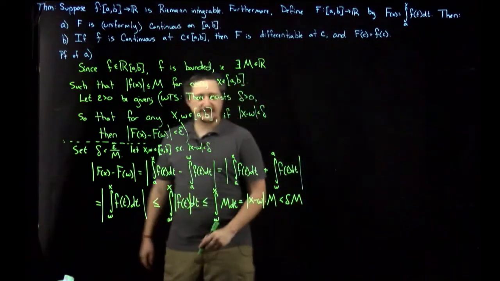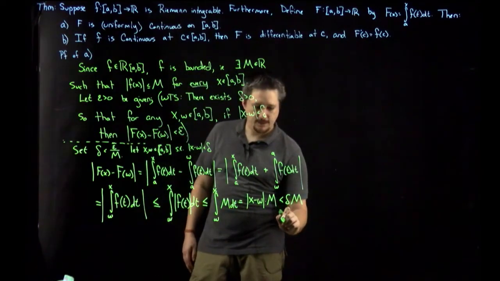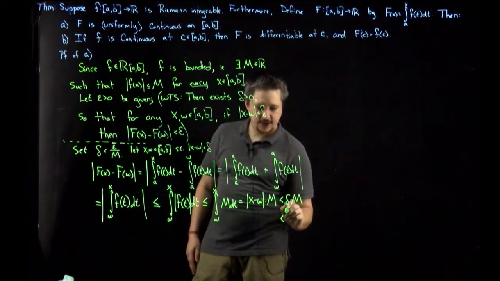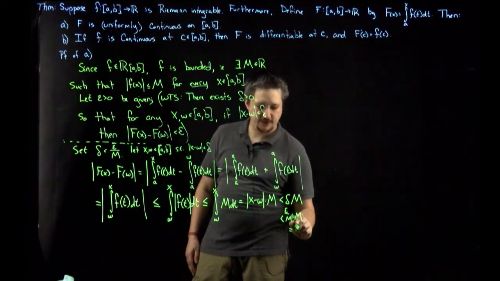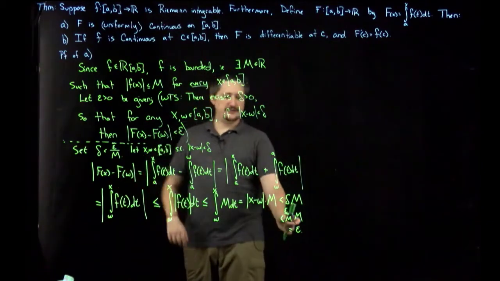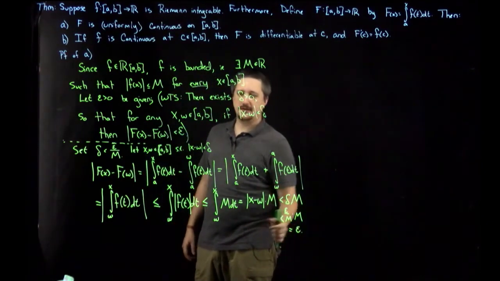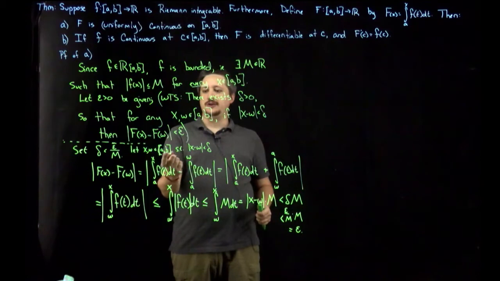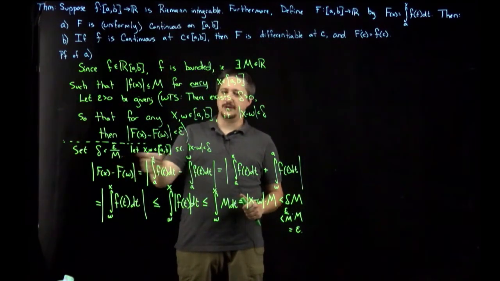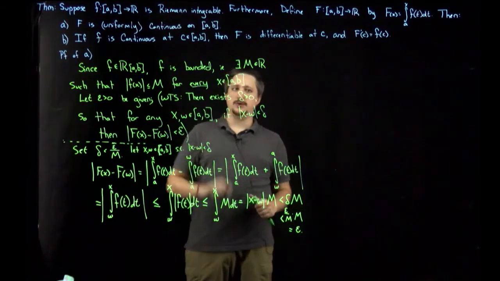So this is then less than, if I replace delta with what it is, epsilon over M times M, which is just epsilon. So that gets me that the difference is less than epsilon for any x and w in here that are closer than delta. All right, and importantly, I've picked delta without depending on x and w.